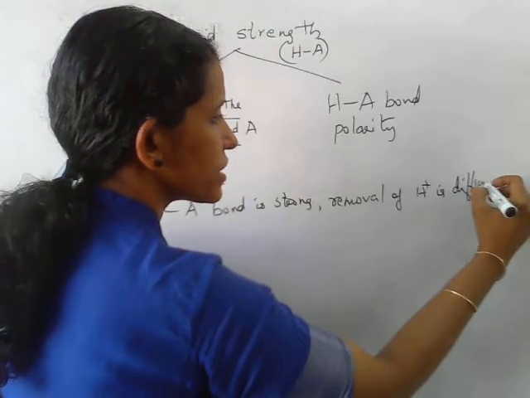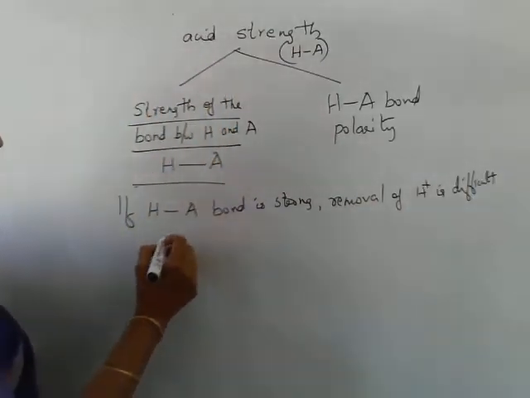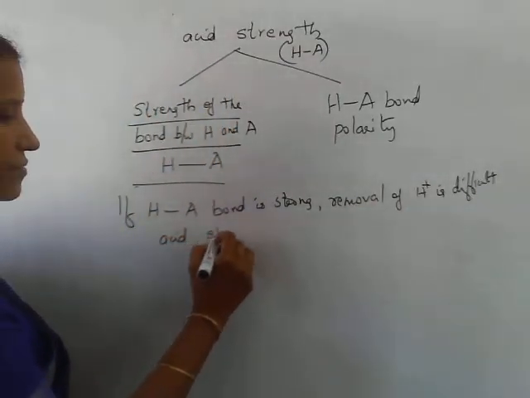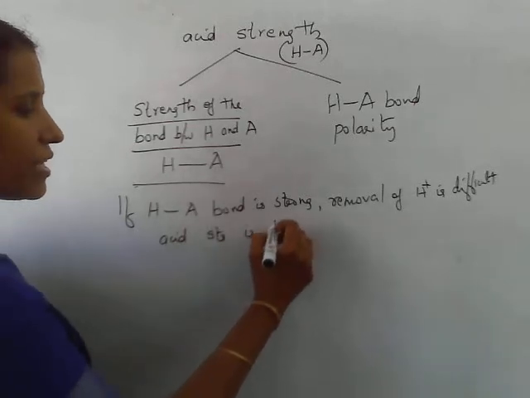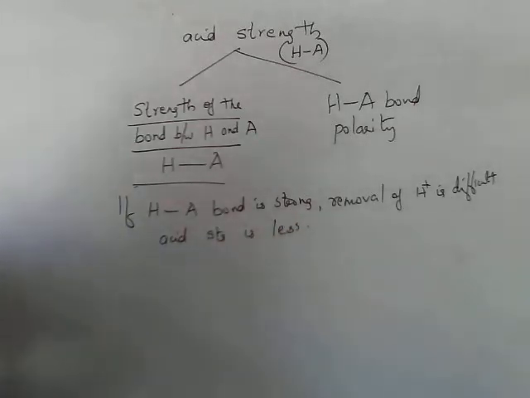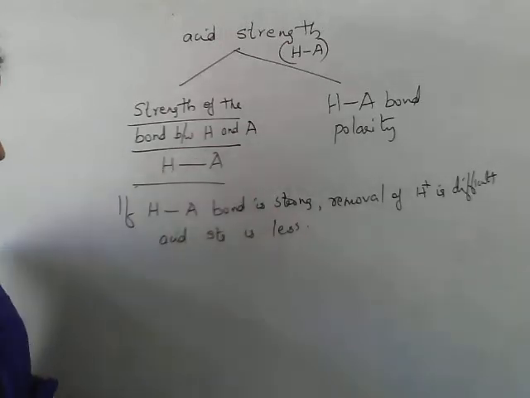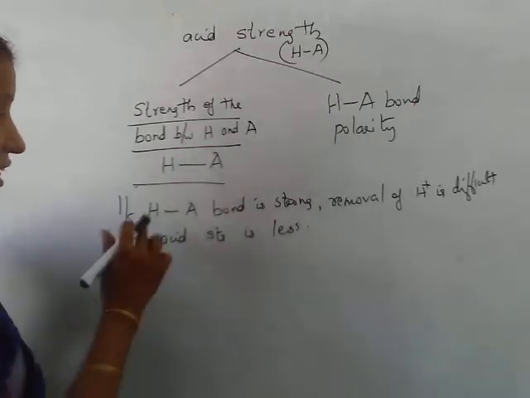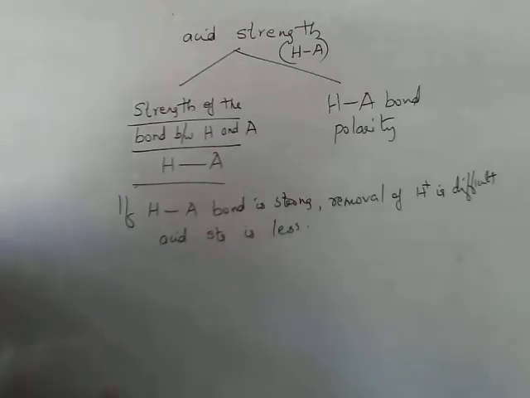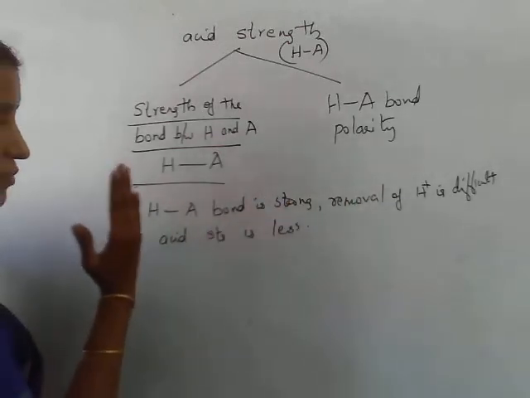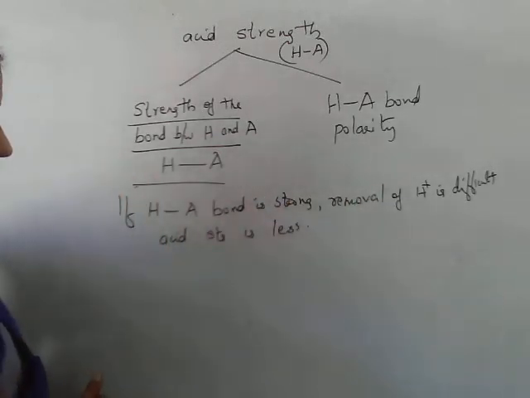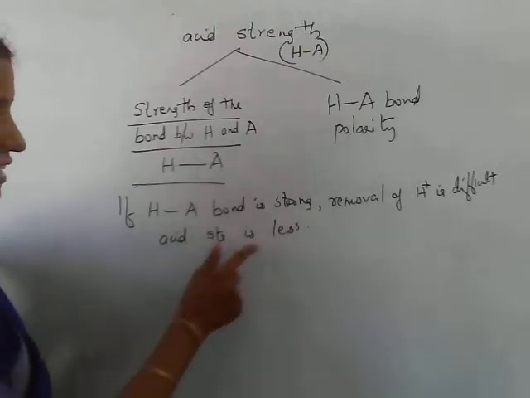If removal of H plus is difficult, acid strength will be less. The acid will be weak. Difficult to produce hydrogen as proton. If HA bond is strong, removal of H plus is difficult because the bond is very difficult to break. Weak acid. Acid strength will be less.